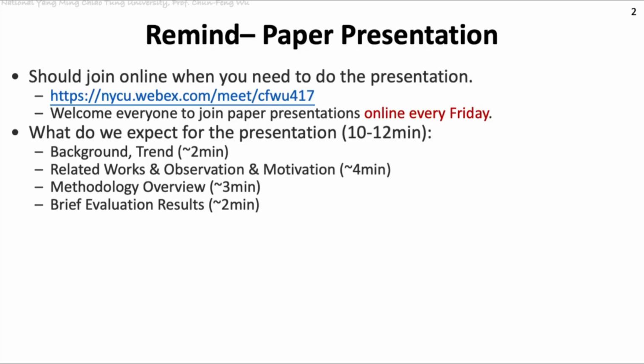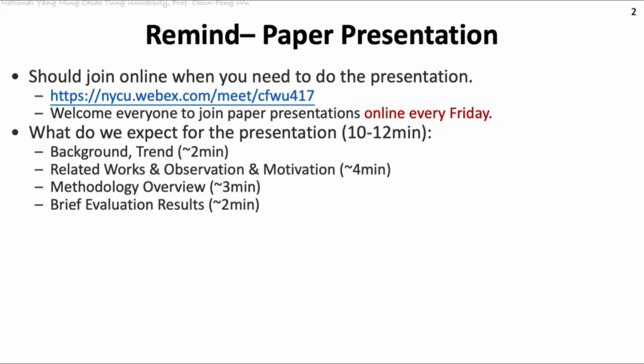And then for the methodology overview, usually the methodology is 4 or even 6 pages, so it would be too long if you include all of it. Try to summarize, for example, by pointing out the big picture of the methodology. Maybe there are 3 or 4 main components or designs. Try to link each component with the observation.